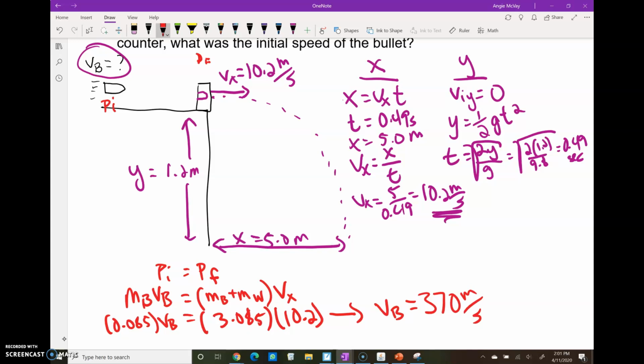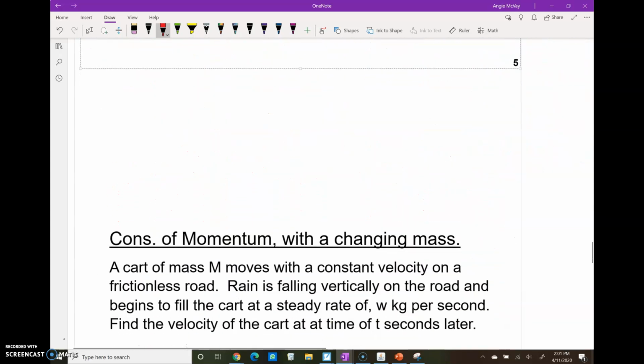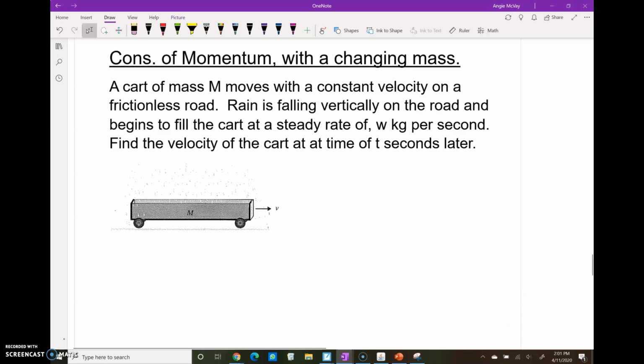Pretty stinking fast, a little faster than the speed of sound in air, which isn't an unreasonable speed for a bullet. Okay, so that's one of our big old problems. Okay, one more big old problem, and then I'll set you loose.